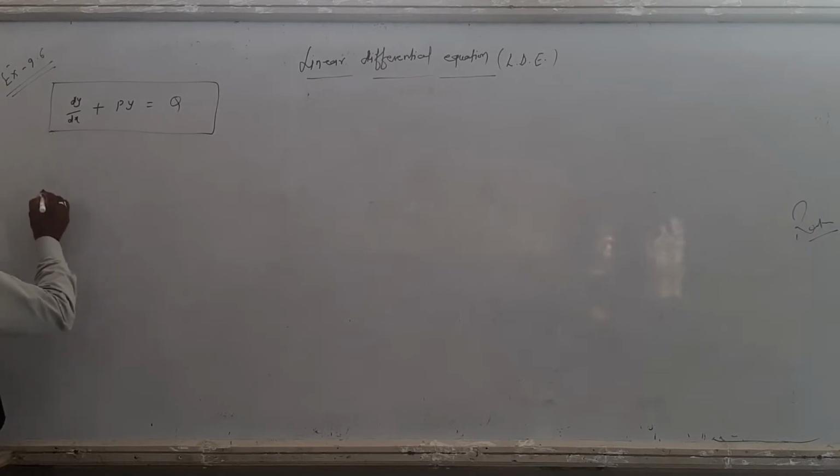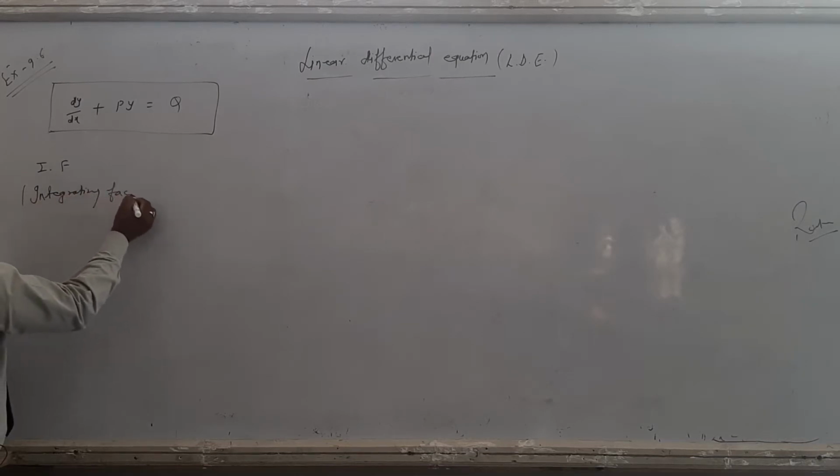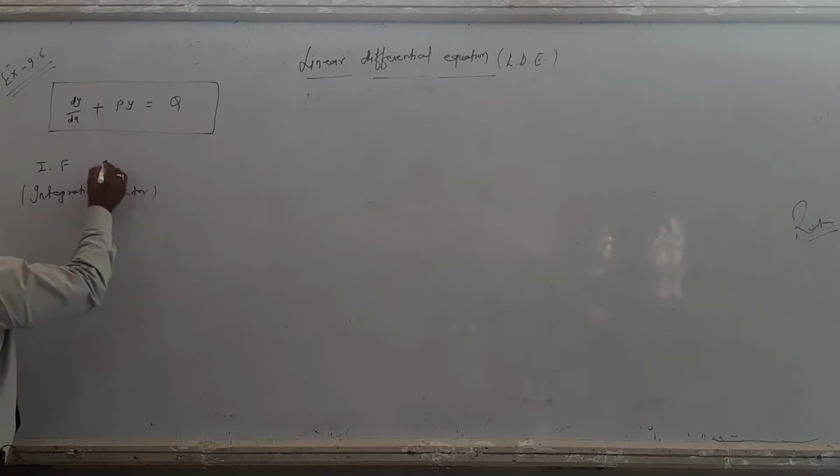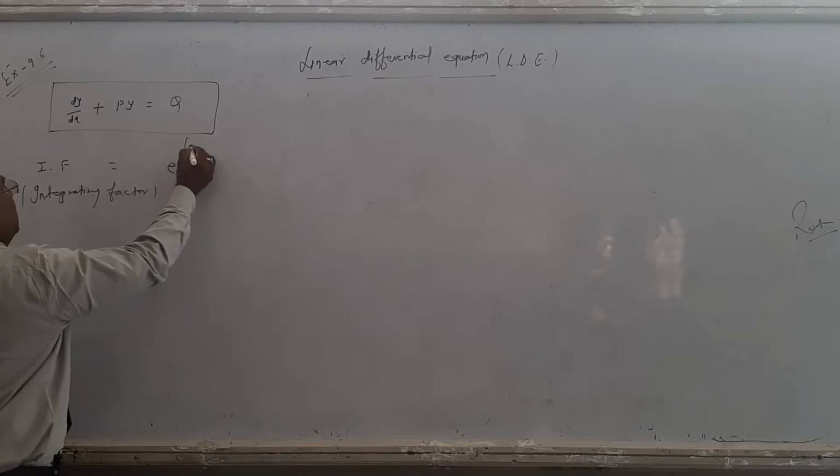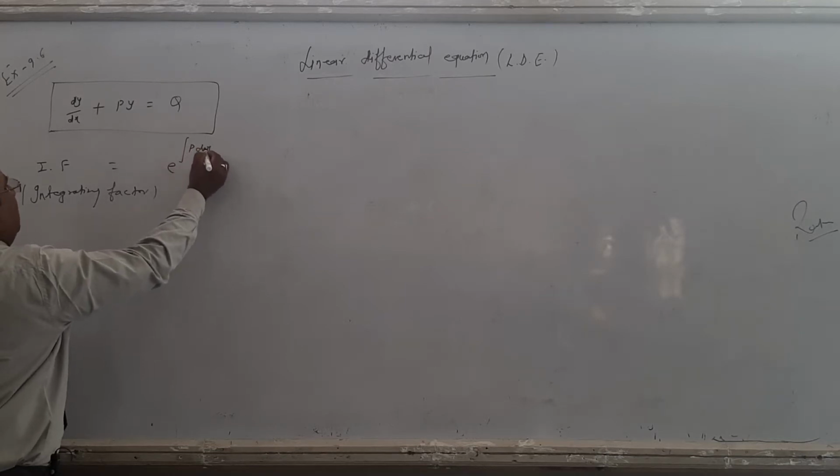this method only depends on two formulas. One is IF. IF is the short form of integrating factor. And you know, student, integrating factor is e raised to power integration of p dx. This is the first formula.